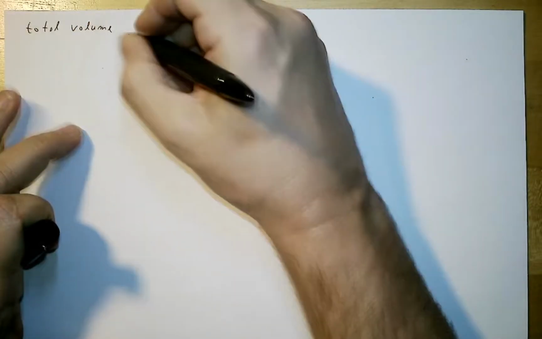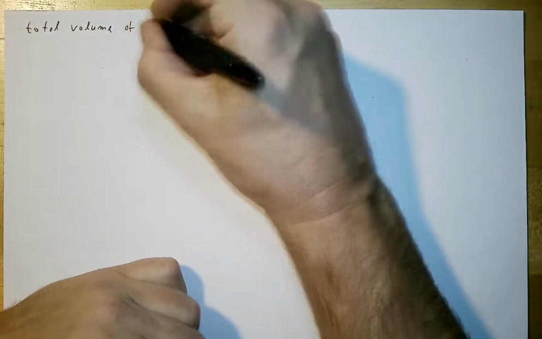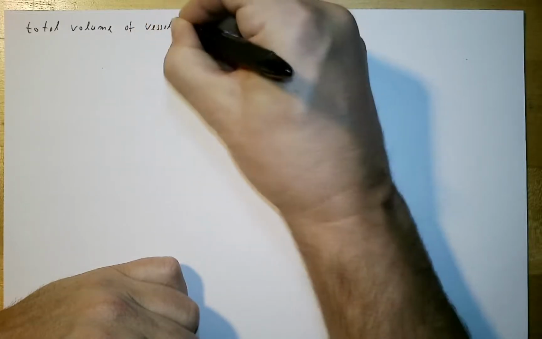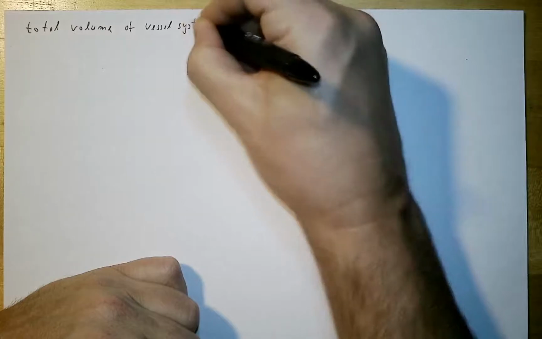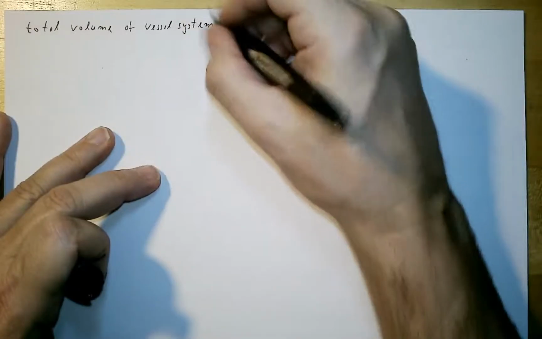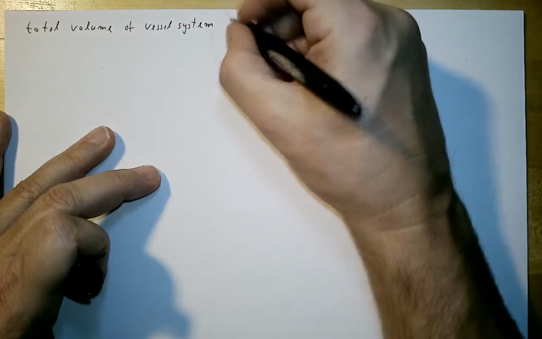Total volume of the vessel system, which means the total blood volume here.